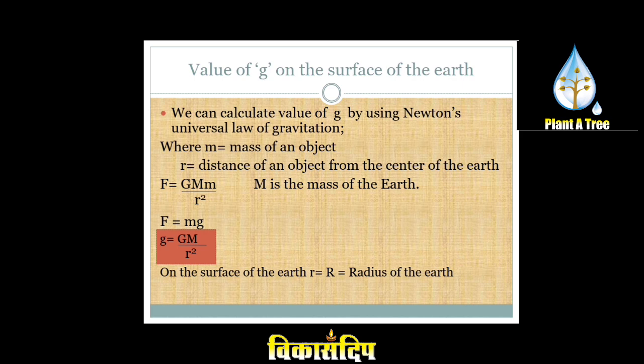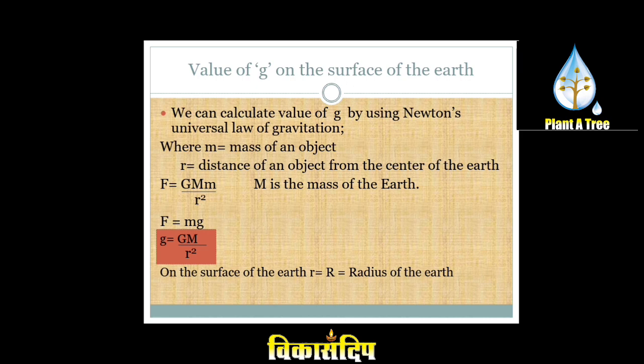This is the formula taken from the first diagram, in which G is the universal constant, m1 was the mass of the object. Here it is the mass of the earth, capital M, and the object having mass small m is placed on the earth, divided by the radius.